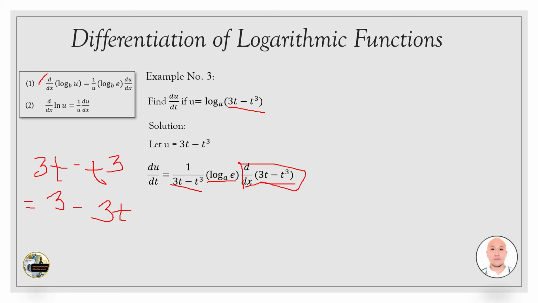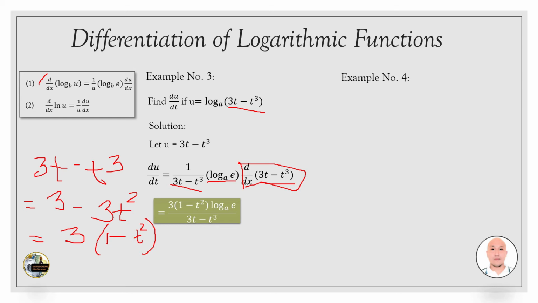So this equals 3 times (1 minus t squared). That is our answer. The final answer is 3 times (1 minus t squared) log a e over (3t minus t cubed).